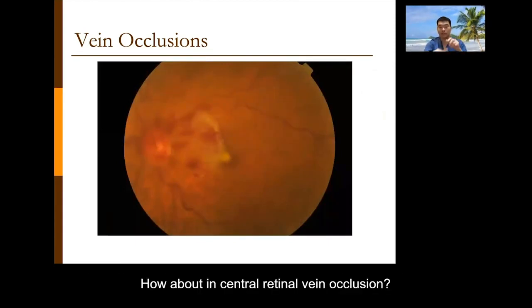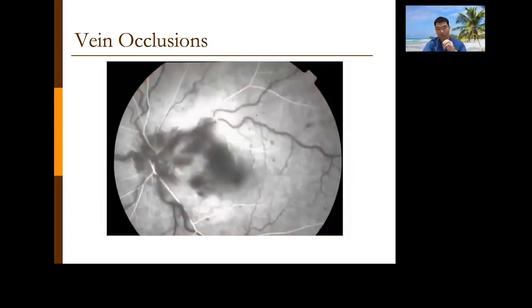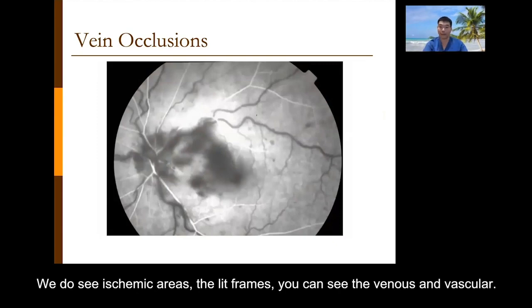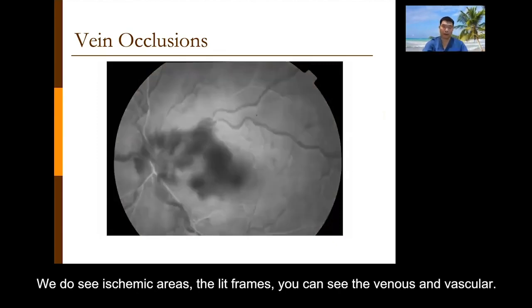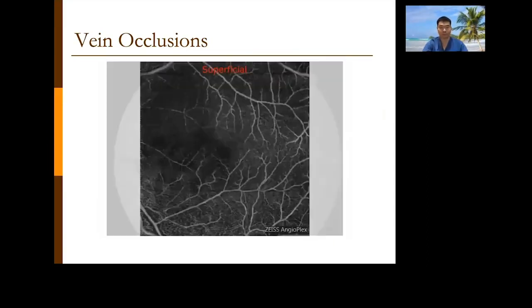How about in central retinal vein occlusion? Evidence is patients with vascular tortuosity, hemorrhages, as well as ischemic looking retina. Here in the early frames of the fluorescein angiogram, we do see ischemic areas, capillary dropout, as well as blocked fluorescence from the hemorrhages, and in the late frames you can see the venous and vascular tortuosity.